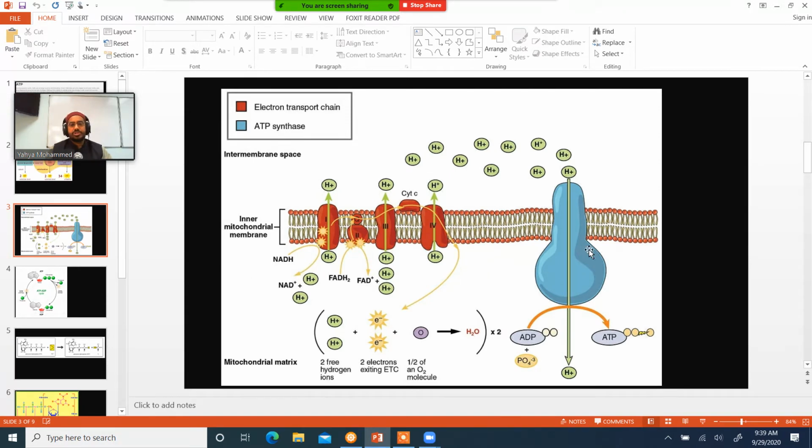You see this blue machine? As these hydrogen ions, these H pluses, flow through, it turns this machine that turns ADP into ATP. Let's suppose you have a water mill.